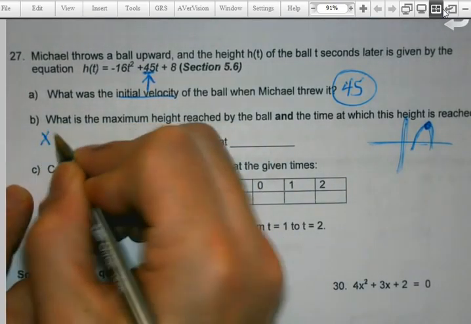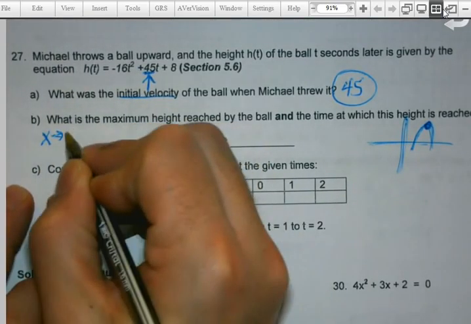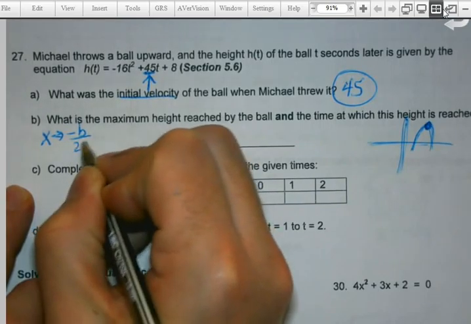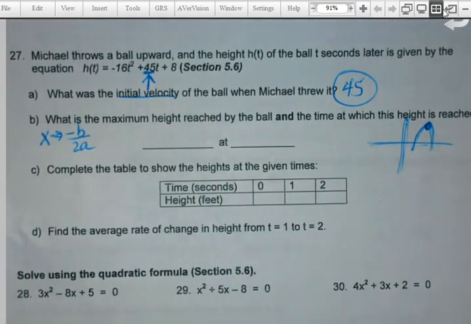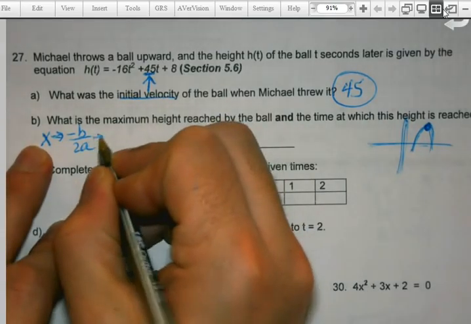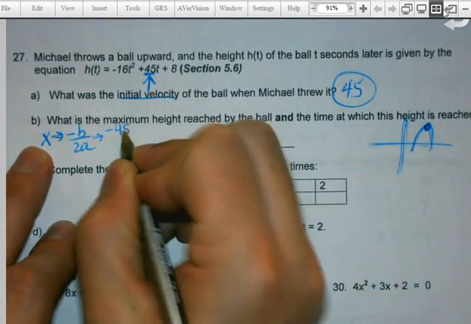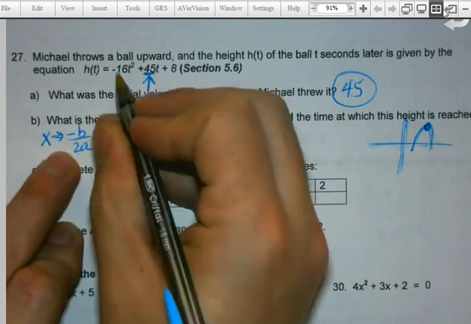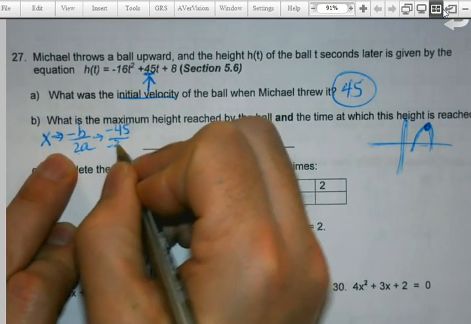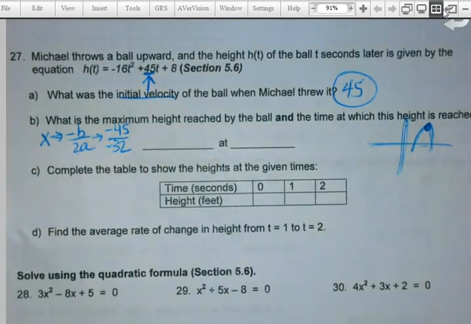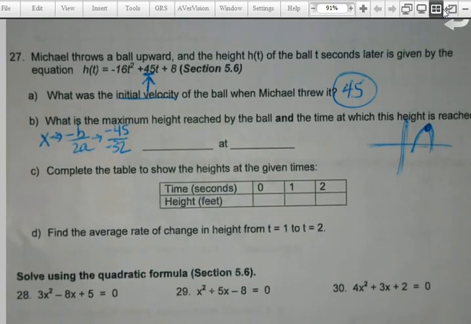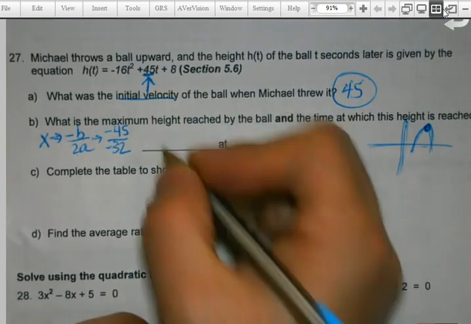So my x, just like it was before, negative b over 2a. So that's going to be negative 45 over 2 times negative 16, which is negative 32. So I type that into my calculator, and I get this funky decimal. That's okay. And again, we'll just round off.